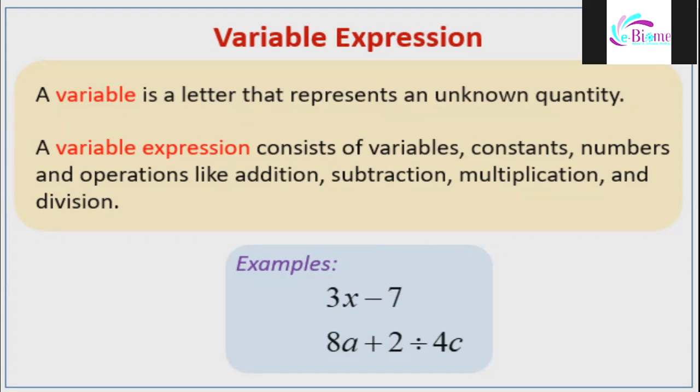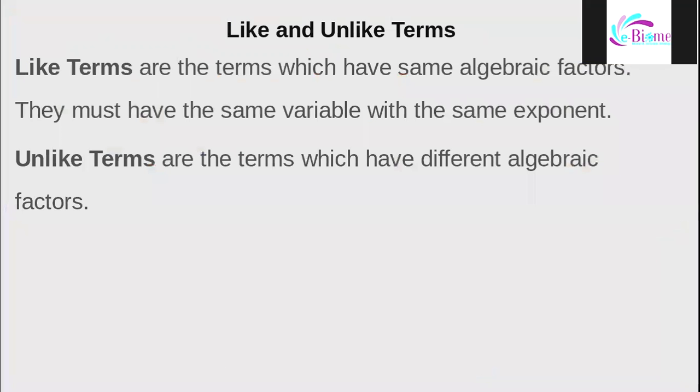It has a constant 3. The 3 does not change, and it also has another constant 7. 7 does not change. And we have an operation which is minus or subtraction. Everyone following so far? Yes, sir.